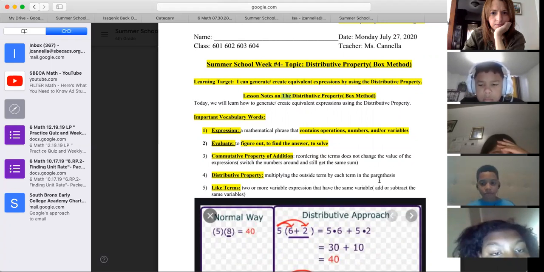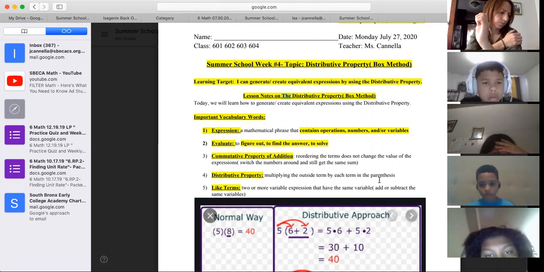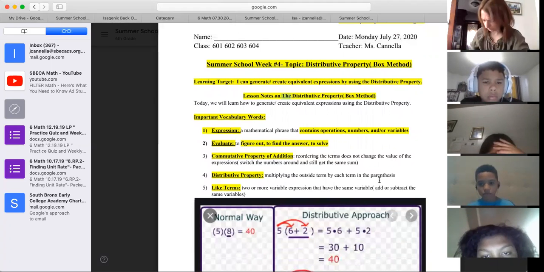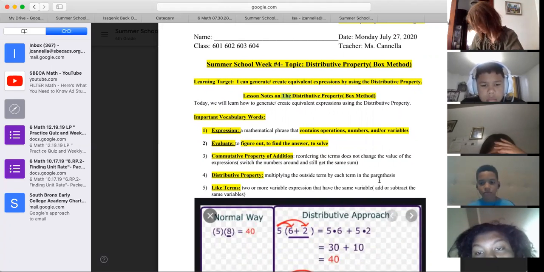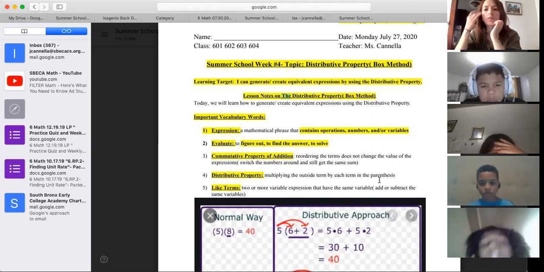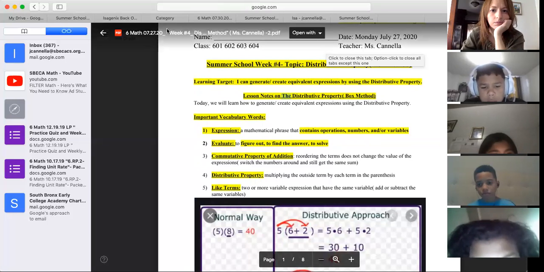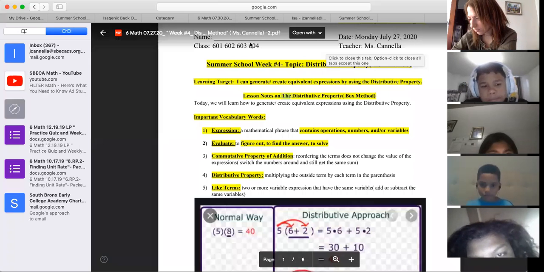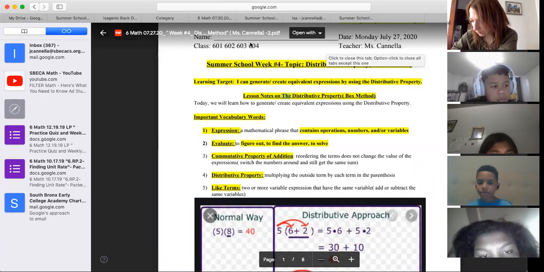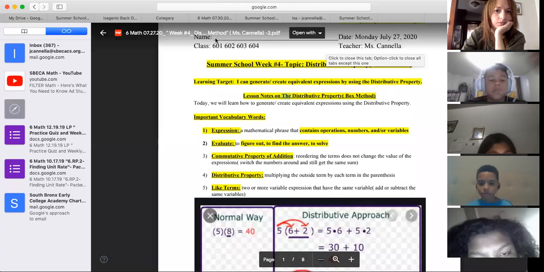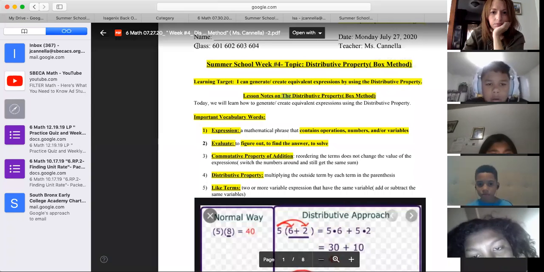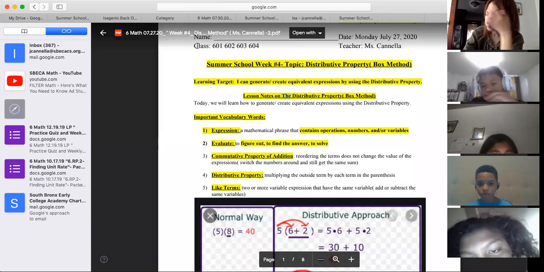I can generate, create equivalent expressions by using the distributive property. Lesson notes on the distributive property. Today we will learn how to generate, create equivalent expressions using the distributive property.